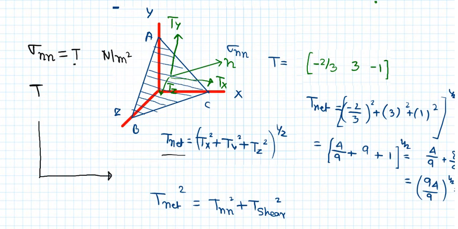Let us say this is x and y coordinate system, and our plane is, now this is the normal, and let us say we have calculated Tx, and we have calculated Ty also.